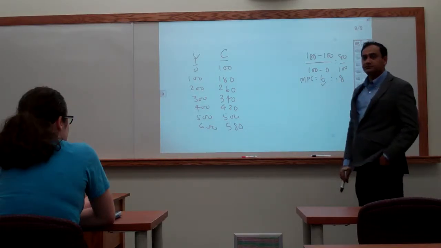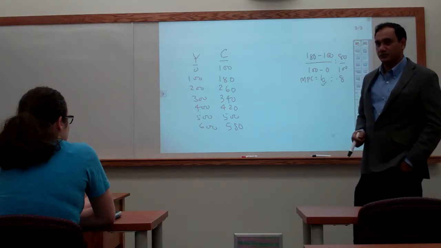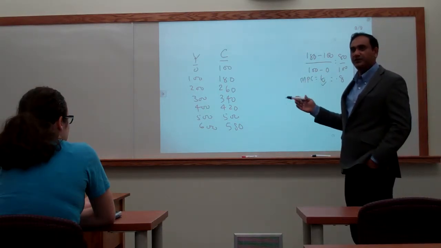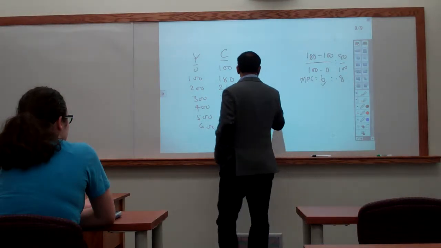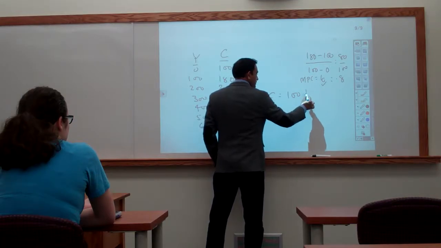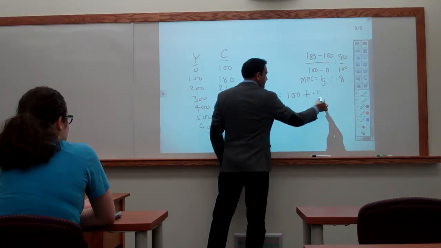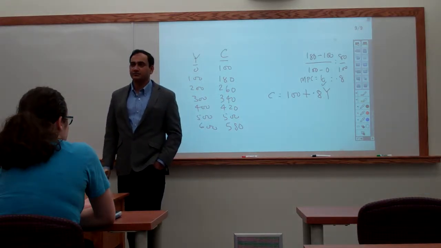Next you have to identify A. What is A equal to? 100. When income is 0, consumption is 100. So based on that, you would write consumption equals A, which is 100, plus B, which is 0.8, times income. And that's your consumption function.